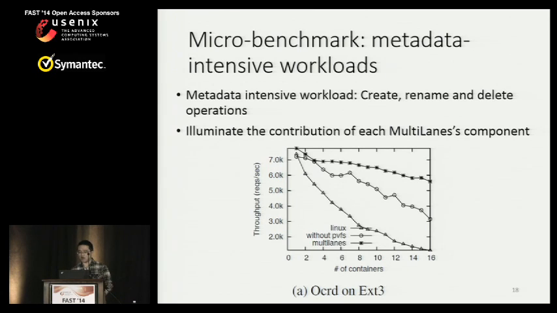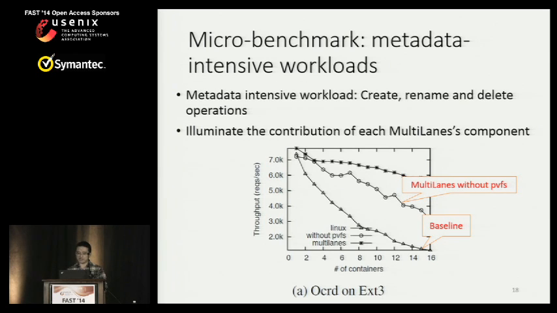The experiment is carried out for 3 situations: the baseline, MultiLanes without PVFS, and complete MultiLanes. The result on Ext3 in the graph shows the throughput on Linux decreases dramatically with the increased number of containers. In contrast, MultiLanes without PVFS exhibits much better scalability than the baseline and achieves an improvement over the baseline when the number of containers exceeds 2.